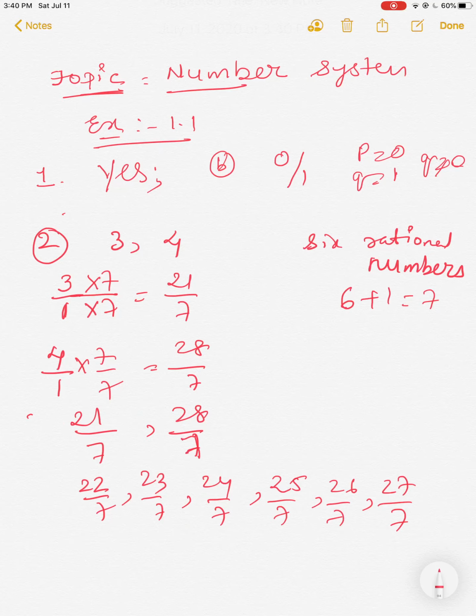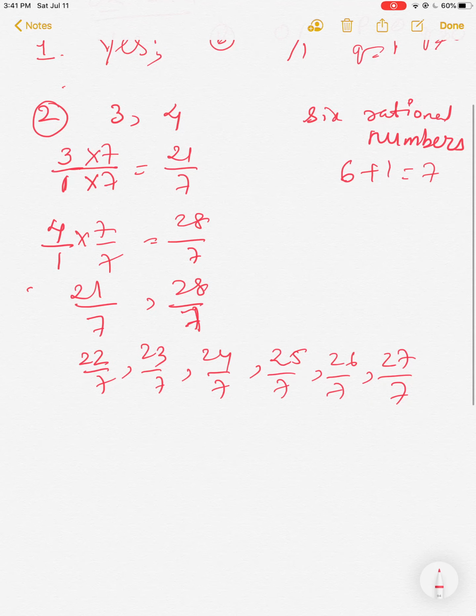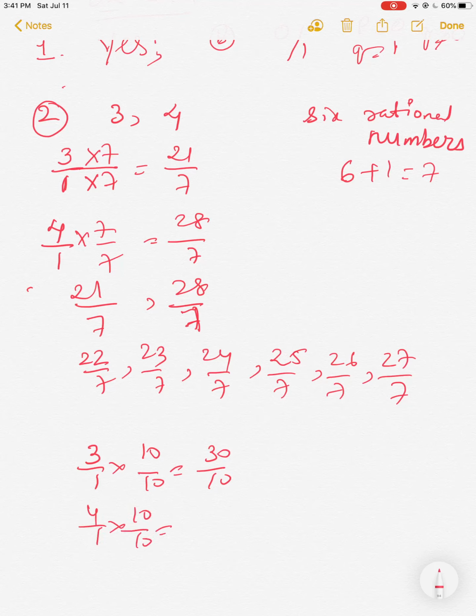Now, you can also see I have taken 7. Any number more than 6 you can take. I can find the rational numbers like this also. 3 upon 1 I will take into 10 upon 10, 30 upon 10 here. 4 upon 1 into 10 upon 10, 40 upon 10 here.